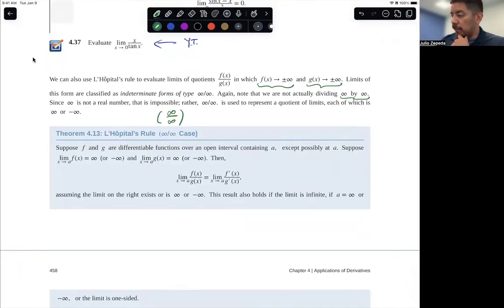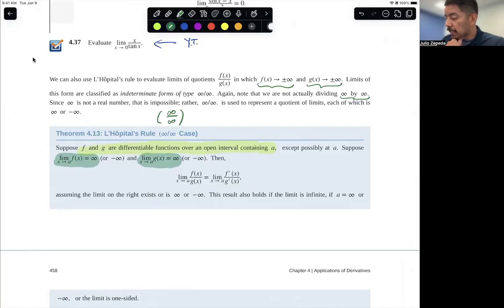Let's take a look at the theorem. Suppose f and g are differentiable functions over an open interval containing a, except possibly at a. Here's the important part. The limit as x approaches a of f of x is infinity or negative infinity, and the limit of the denominator function, g of x, is equal to infinity or negative infinity.